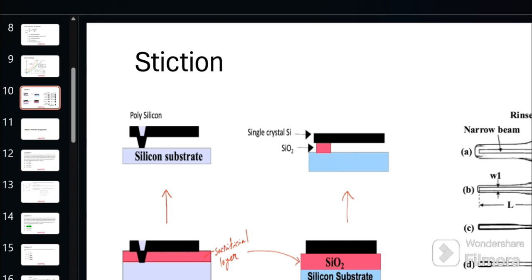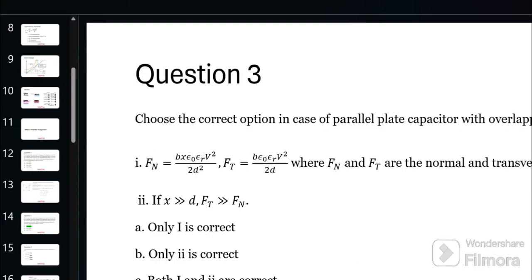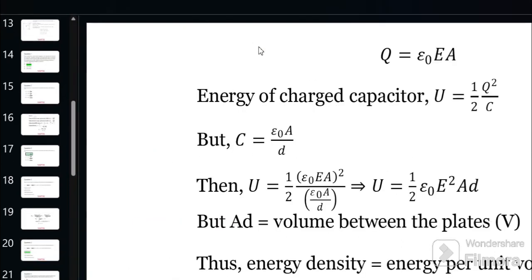Even though the area is different for both beams, there will still be liquid present after drying. That is because of the surface tension of the liquid, so that will always be there. So option 2 is wrong.